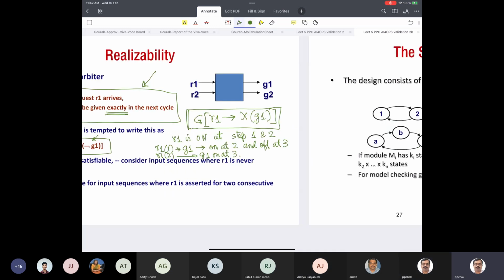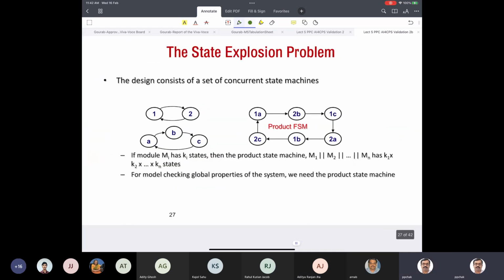Good. The other problem that we discussed the last day was what is called the state explosion problem. And as I just told you, if I use programming code, size about 1,000 states, FSM, 1,000 state FSM.